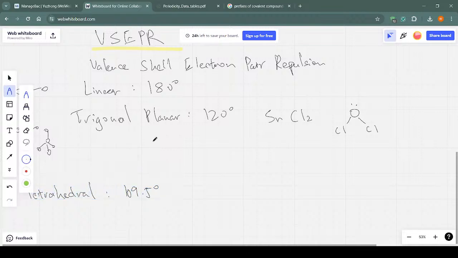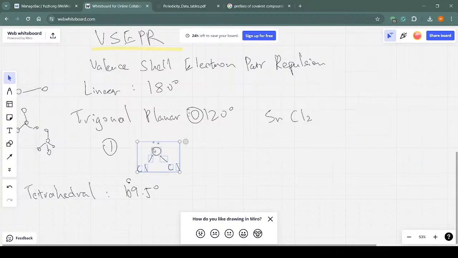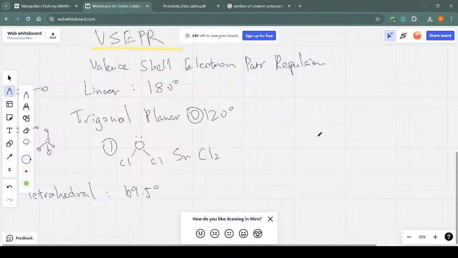So trigonal planar, if there are 0 lone pairs, then that's 120 degrees. But if there's one lone pair, then it'll look something like this, like SnCl2. And since this angle is going to be smaller than 120 degrees.